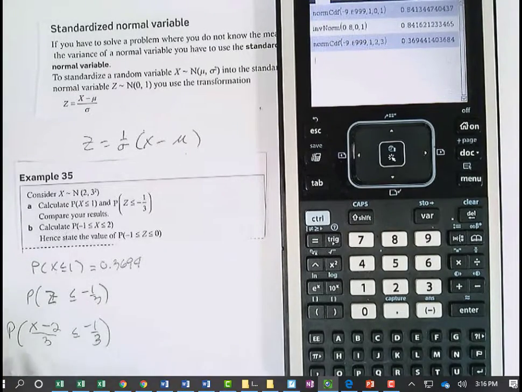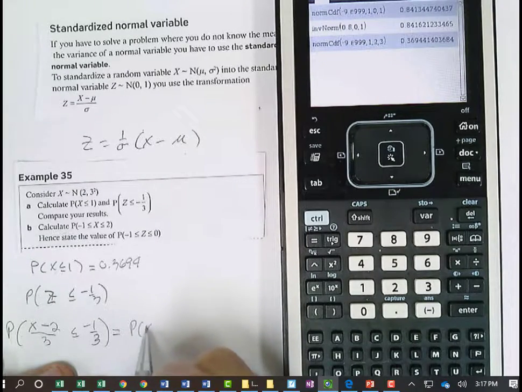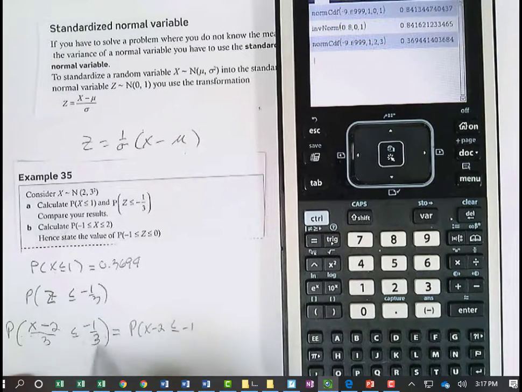And then I can solve this to see what it's equal to, right? If I multiply both sides by 3, I'm going to get the probability of x minus 2 less than or equal to negative 1, because 3 times this gives me negative 1.